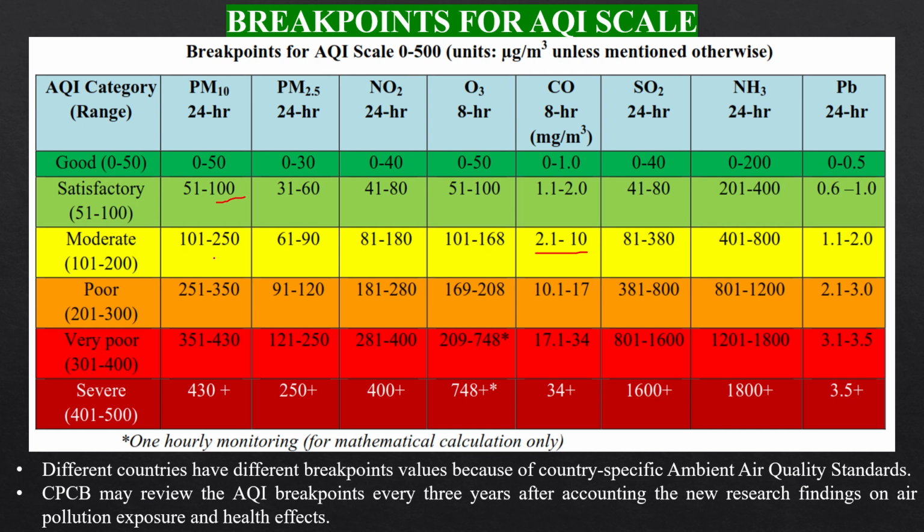But this chart is different in different countries because of their ambient air quality standards. CPCB reviews these air quality breakpoints every 3 years after accounting for new research findings on air pollution, exposure and health effects.